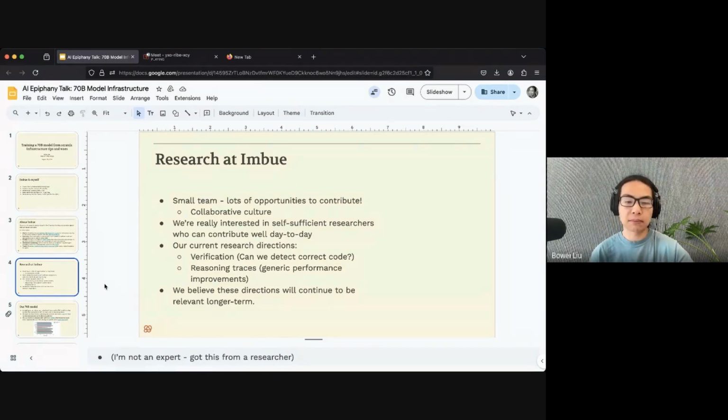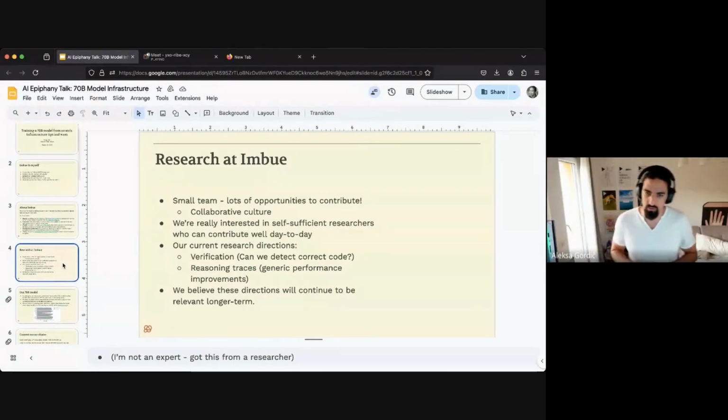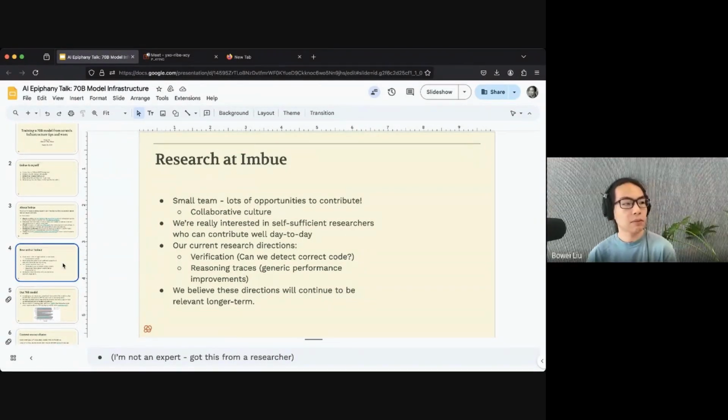Maybe a quick question: how focused are you on actual products versus research? If you can maybe share about that. So I would say it's changed recently. We used to be very focused on training this big foundation model and doing research there. Recently we've felt the need for more realistic training data to deliver a good product experience.